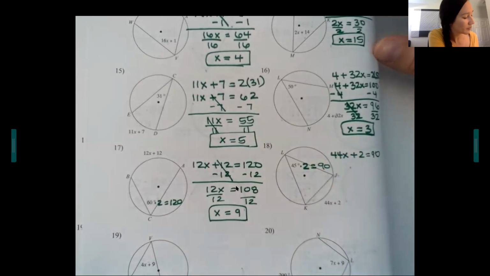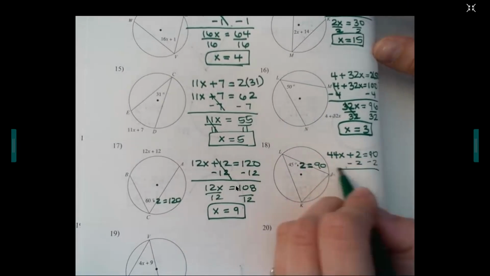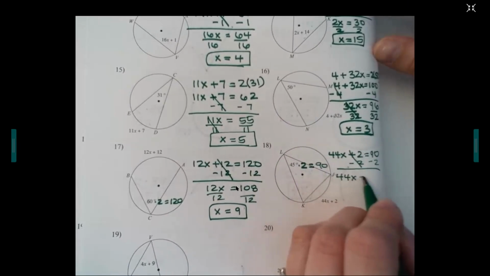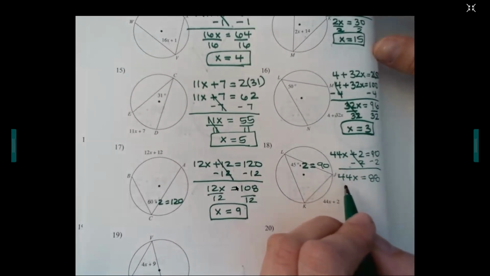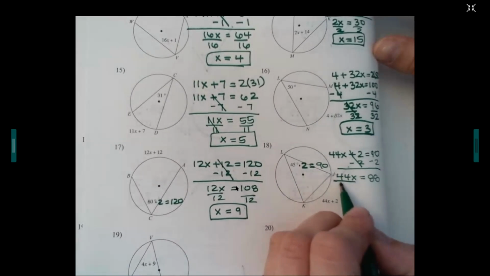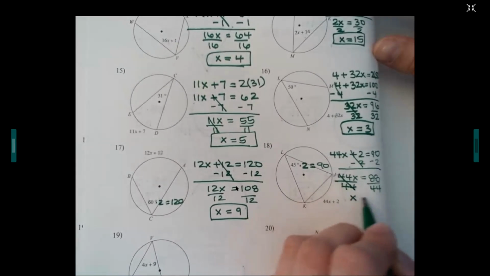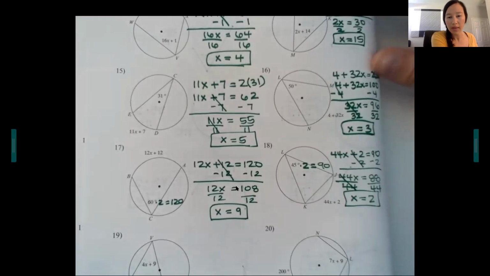Good. And then I subtracted 2 from both sides. And then the 2 canceled out. And then I got 44x equals 88. Then I divided it by 44 on both sides. And then I got x equals 2. Very good. Thank you, Jade.